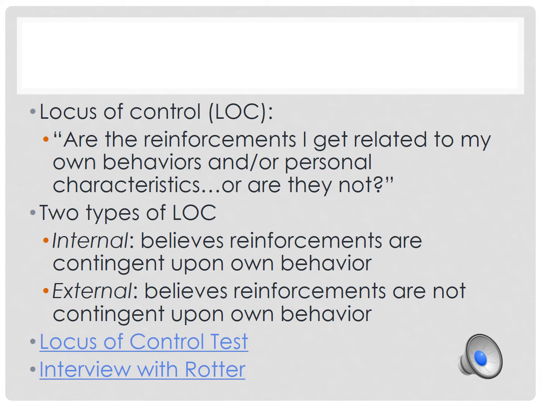So basically, it's what a person expects, whether they are going to have some control over receiving reinforcements. And Rotter talks about a continuum of locus of control that ranges from internal to external. Here on the slide I say two types, but it's probably better said as two ends of the continuum.